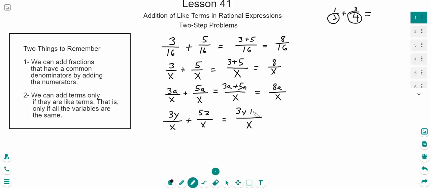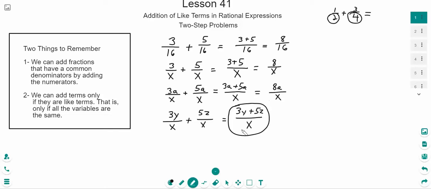We get 3y plus 5z. And in this case, I can't combine anything in the numerators here. They're not like terms. 3y and 5z are not like terms. So there's nothing else I can do, but this would be my answer right here. It's a little bit messy, but that would be my answer. I combined the numerators over the common denominator. All right? Pretty straightforward.